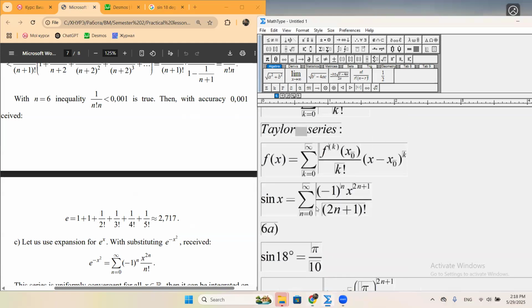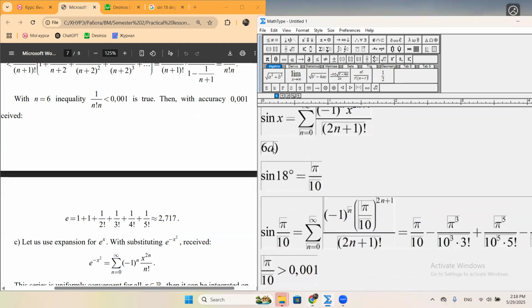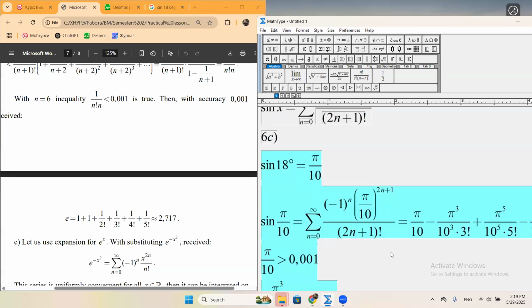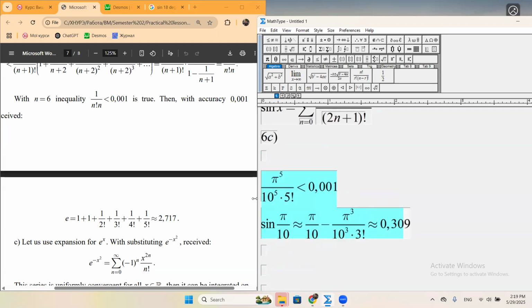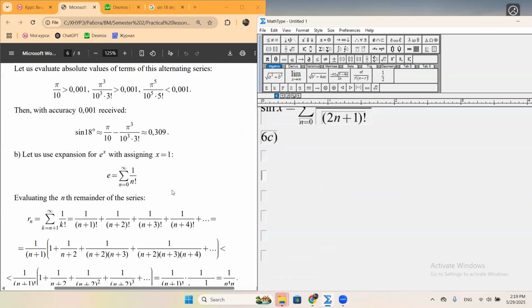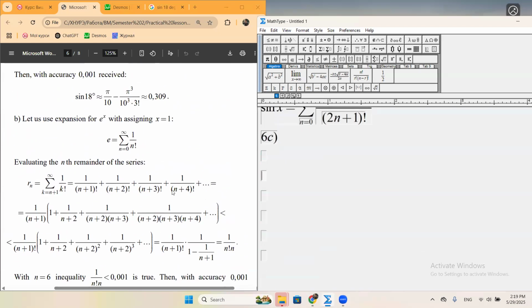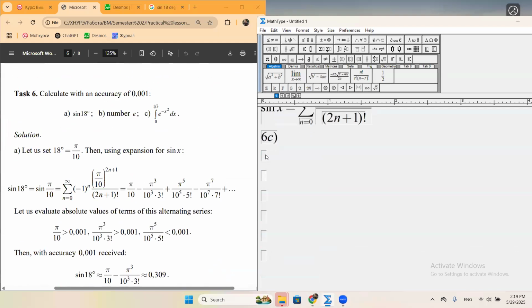And now the more interesting task, 6c, we will calculate the integral that we cannot calculate analytically. So the following integral. I guess you should have seen a similar integral in theory of probability, or a Poisson integral, that is used in normal distribution.